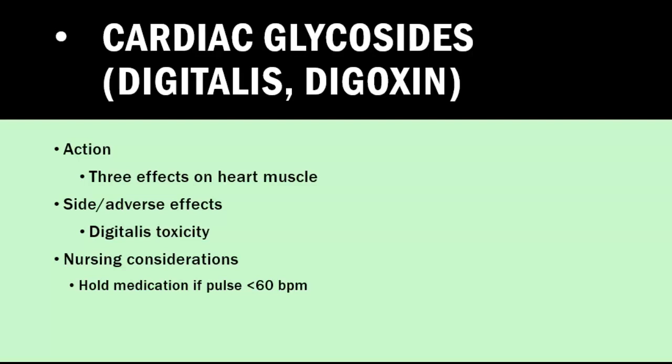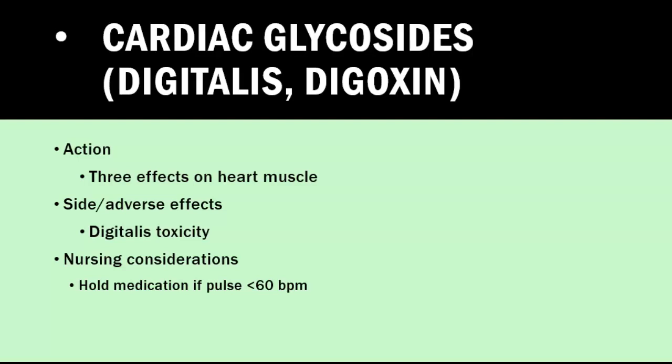Some signs that you want to look for in digitalis toxicity are anorexia, diarrhea, nausea, vomiting, bradycardia, PVCs, and we'll talk about PVCs more in our cardiac dysrhythmia lecture. And then cardiac dysrhythmias are also a sign of digitalis toxicity. Headache or malaise.